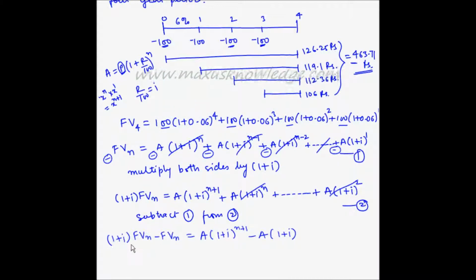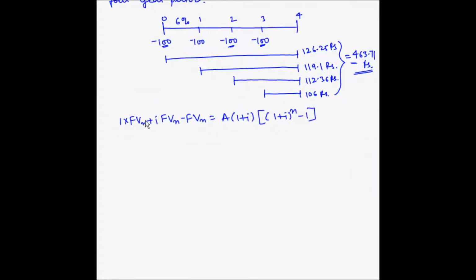Now let's open the bracket. So 1 into FVN plus I into FVN minus FVN is equal to, here we can take A into 1 plus I as common, so we get 1 plus I to the power n minus 1. Let me delete some of this to continue with this calculation.